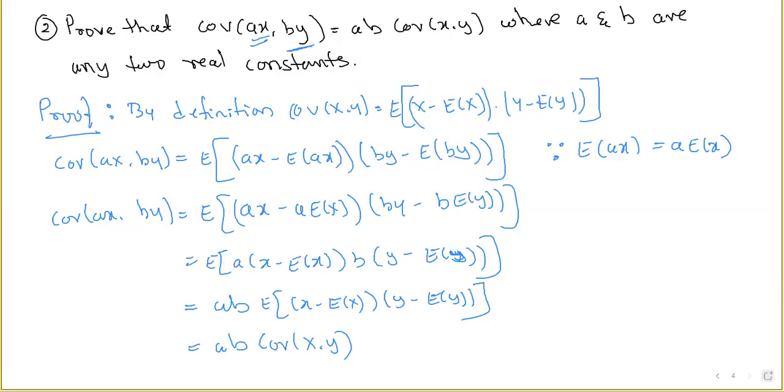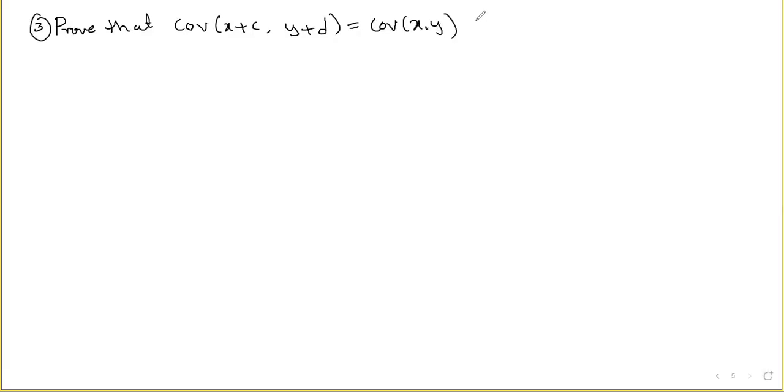So now we'll move to the next, third theorem. Prove that covariance of x plus c comma y plus d is equal to covariance of xy, where c and d are any two real constants, right?